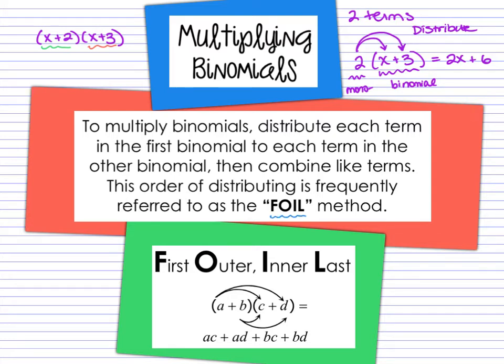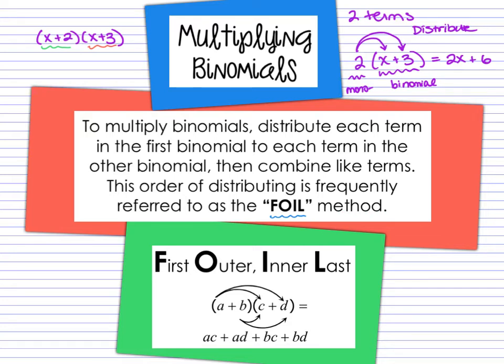So we're just going to read through this part here. It says to multiply binomials, distribute each term in the first binomial to each term in the other binomial, then combine like terms. This order of distributing is frequently referred to as the FOIL method.